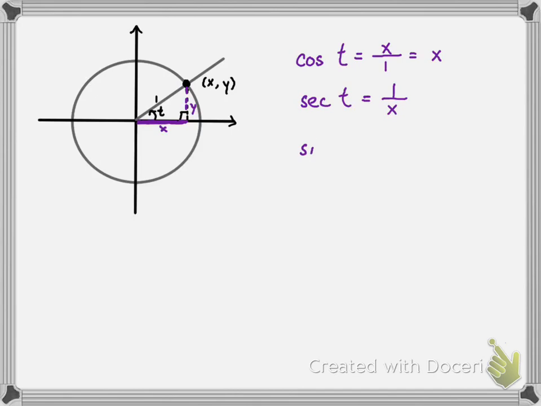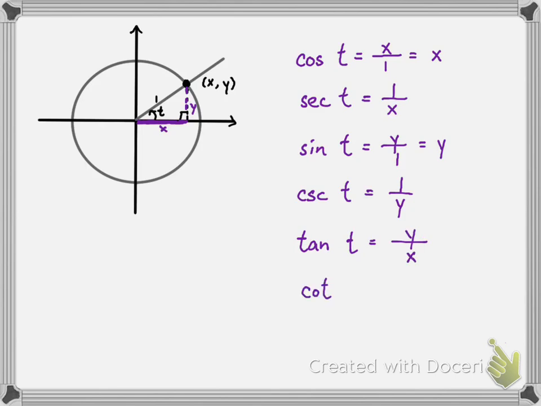Now sine of T equals opposite side over hypotenuse, y over 1, and therefore sine of T equals y. Then its reciprocal function, cosecant T equals 1 over y. Tangent of T equals opposite side over adjacent, y over x, and therefore cotangent of T equals x over y.